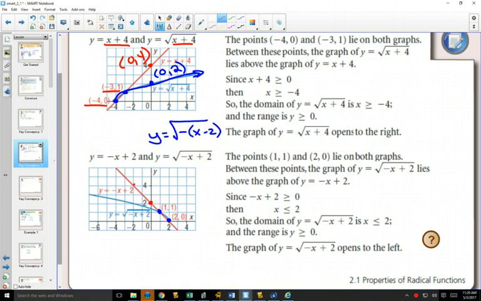Well, maybe you choose this point right here, negative 2 comma 4, and you find out that on our blue graph, that would be negative 2 comma 2. Using this idea, everything between 0 and 1 is going to be slightly bigger. Can you see that our blue graph is slightly above? And then everything after is below your red graph.